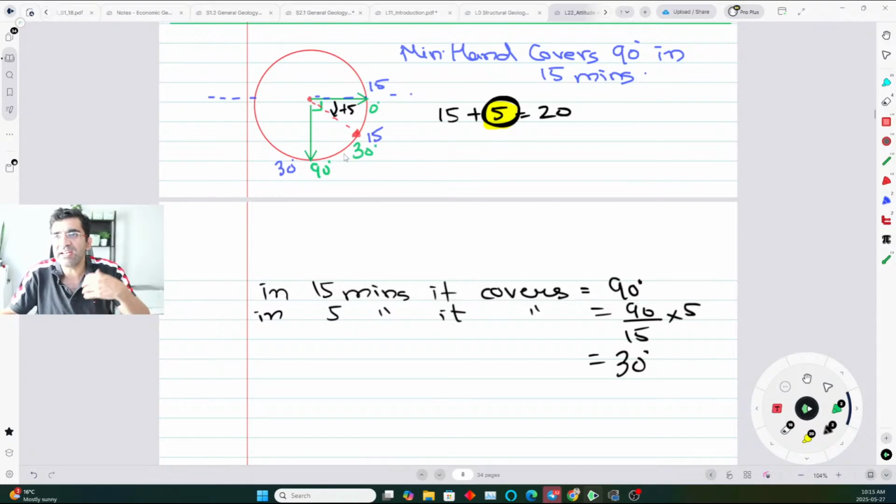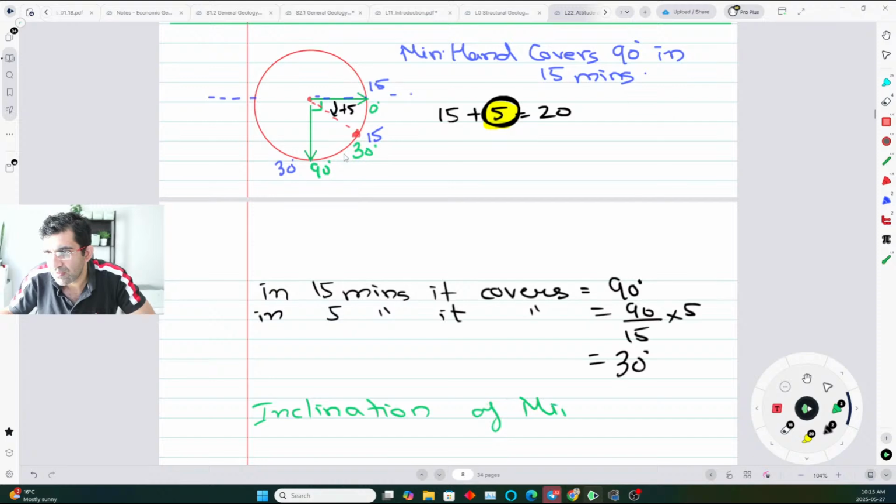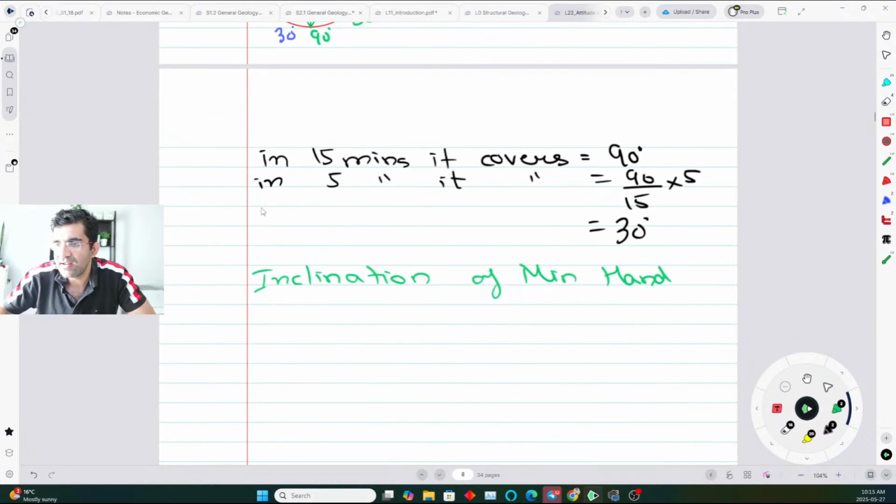So what is the inclination? The inclination of the minute hand at this time is equal to 30 degrees. Is this clear, everyone?